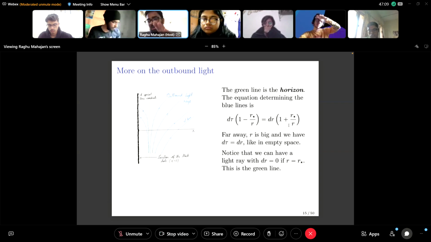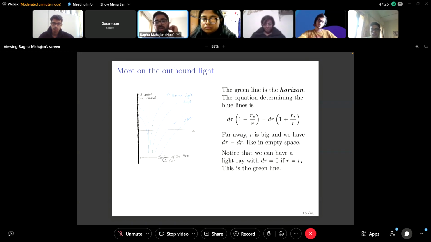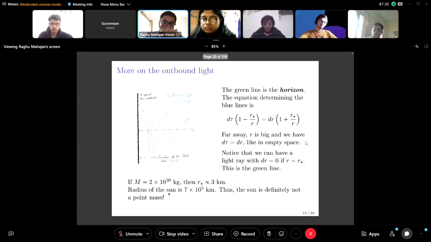I'm just trying to show you that there is some real math behind all of these things. The green line is called the horizon of the black hole. The black line is called the singularity. And in between the singularity and the horizon, we have what is called the black hole region, or the black hole interior.